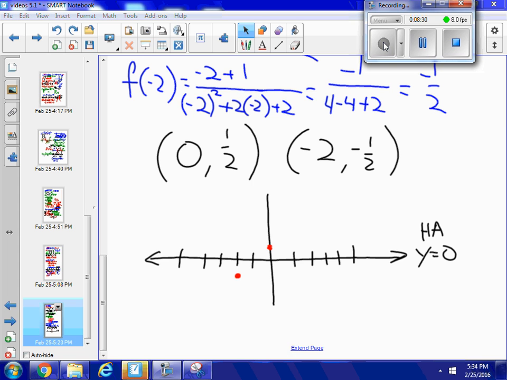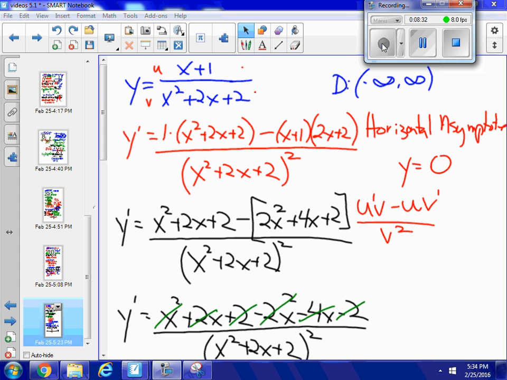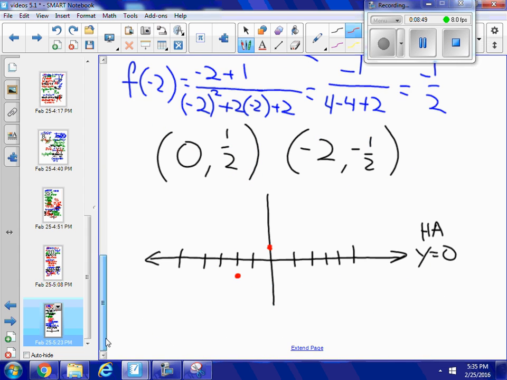And I also know from my original function that I have another point that I'm aware of. I know where x is equal to negative 1, y is going to be equal to 0, because that will make my denominator equal to 0, my numerator equal to 0. So I know I have another point on this graph.